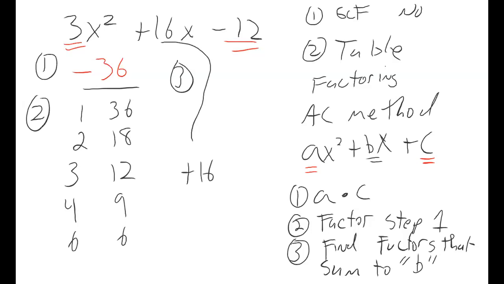Because that's where b is. Remember, this is negative, so I'm actually not adding here, I'm subtracting. So if I have negative 2 and a positive 18, negative 2 times a positive 18 is negative 36. Negative 2 plus 18 is 16. So I like to circle the one that works. And there is my step 3. All right, I'm going to have to go to a new page because I'm running out of room.